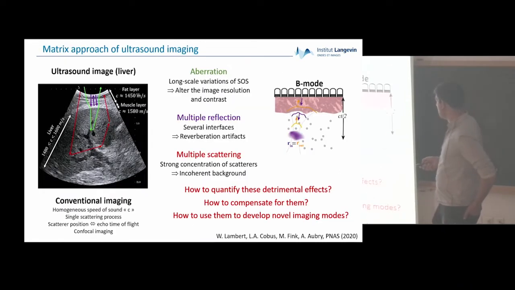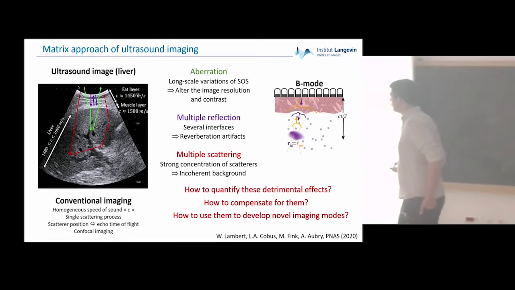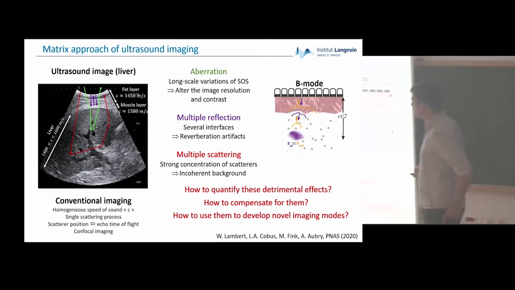So, one problem in ultrasound imaging is that the fundamental hypotheses I told you about before are actually not satisfied. The wave has to go through several layers that display different wave velocities: typically a fat layer, a muscle layer, the liver.